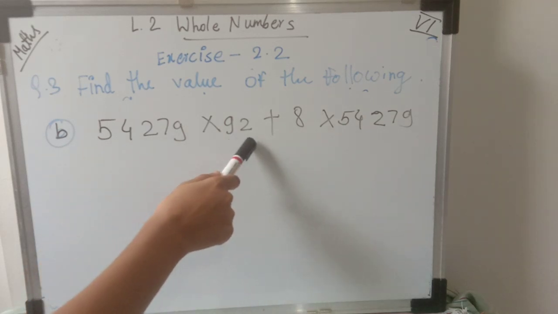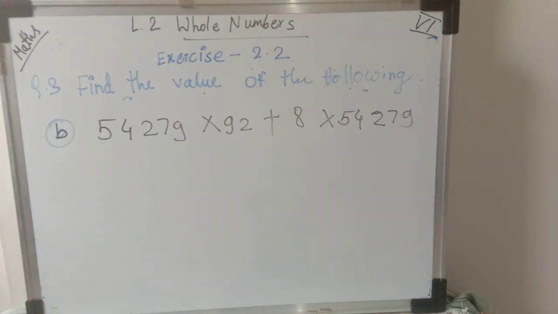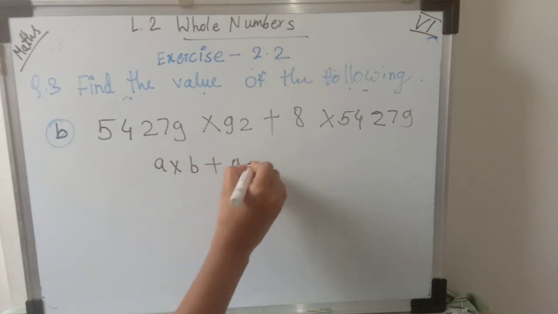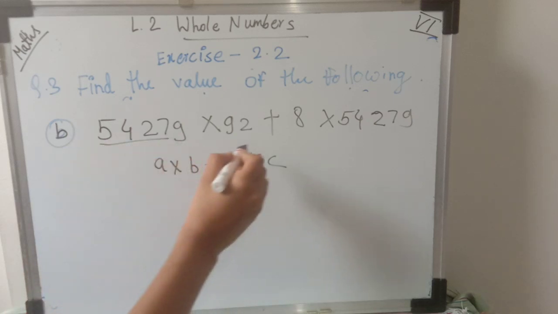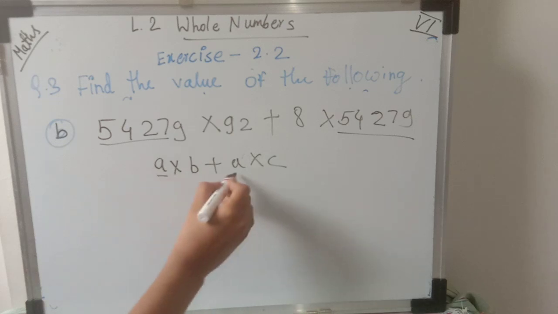Now see here, B example: 54,279 multiplied by 92 plus 8 multiplied by 54,279. As I told you before, each question is on the basis of the distributivity property. What are the two formats of the two equations we have seen? This is the format: A multiplied by B plus A multiplied by C. Here 54,279 comes two times, which means A is common.